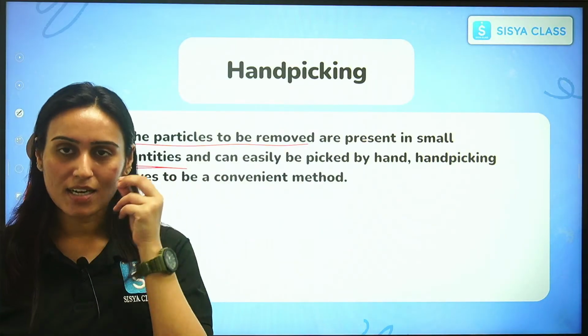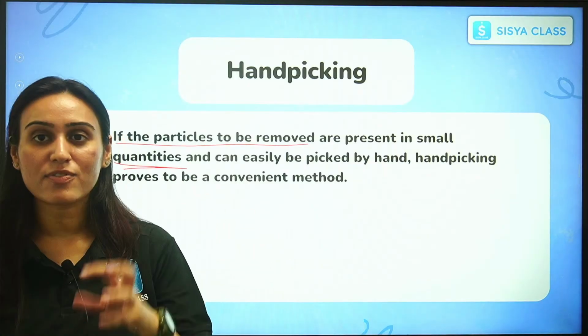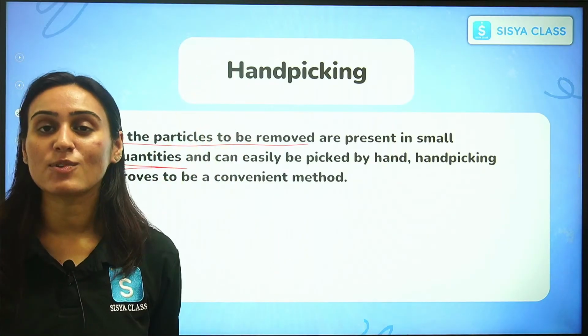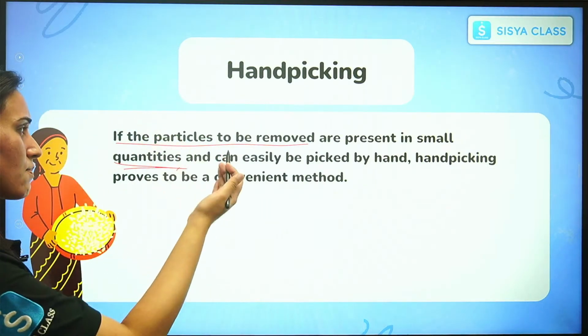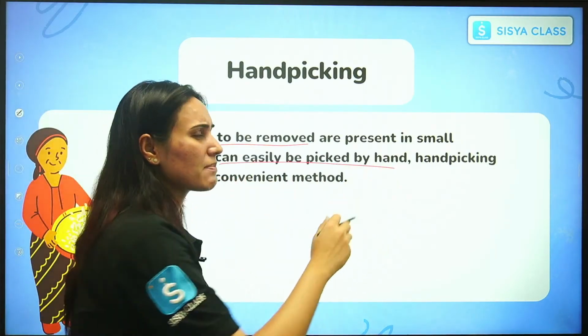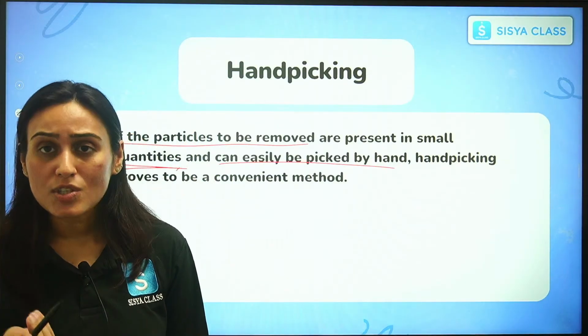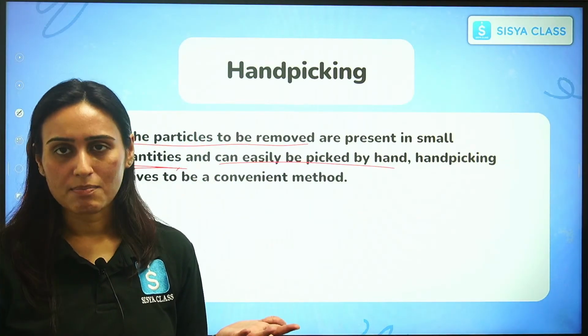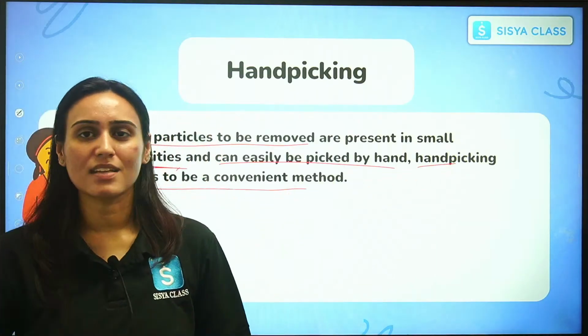It is a waste of your energy, and a waste of other methods that we could have used in its place. So if they are present in small quantities, they are large enough, and you can easily see them, yes, we are going to use hand picking. Hand picking proves to be a very convenient method.